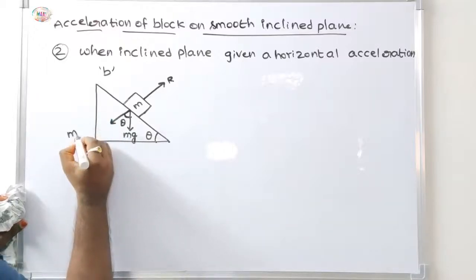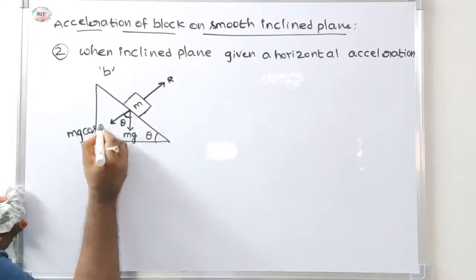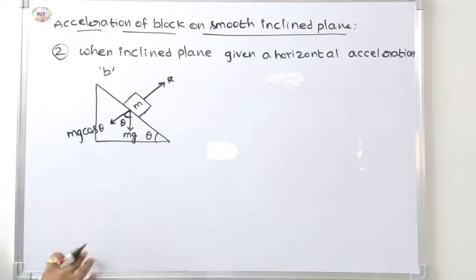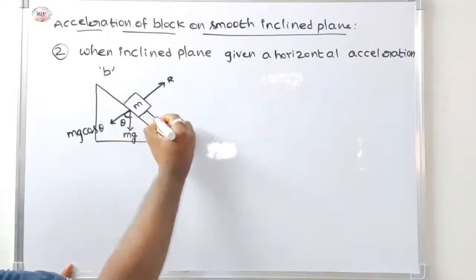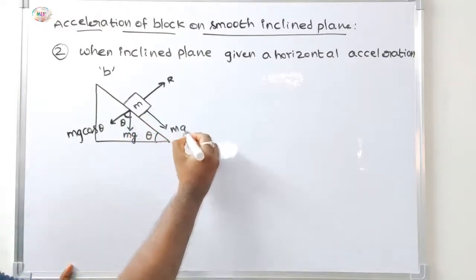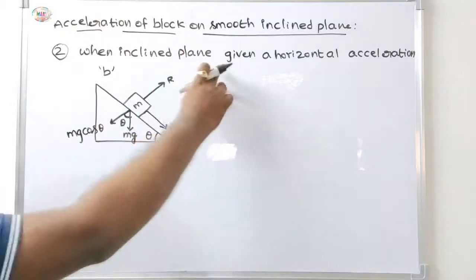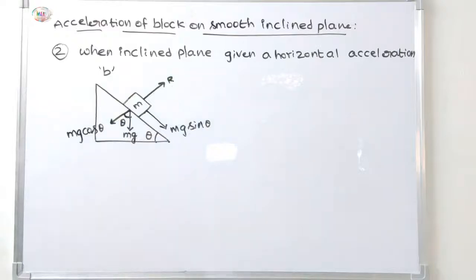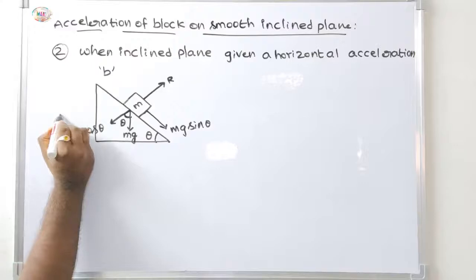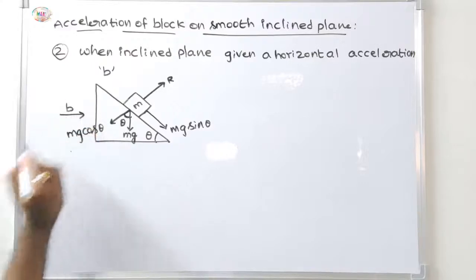The first is mg cos theta, and the other is mg sin theta. When the inclined plane is given a horizontal acceleration b, the acceleration b is acting.